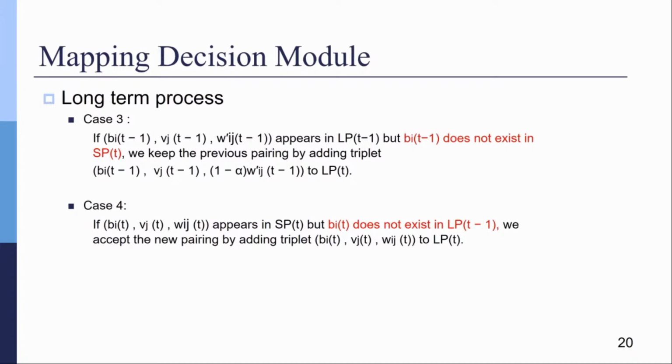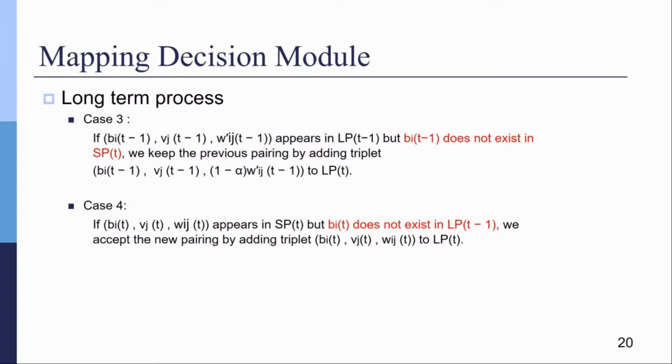In case 3, we find a pairing result for packet BI, but we cannot find it in short-term pairing results. In this case, we will keep the pairing result in LP of T, but update its weight as the original weight multiplied by 1 minus alpha.